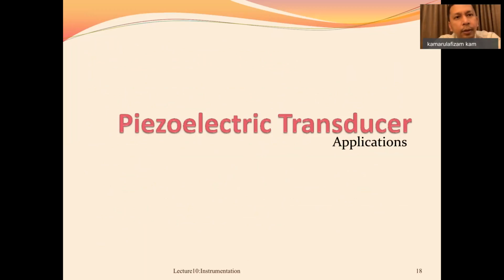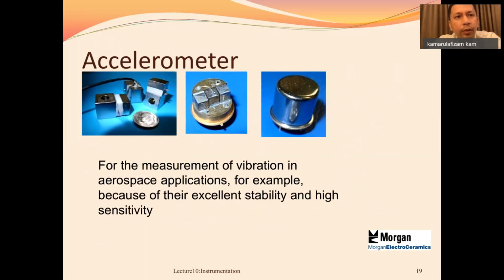This is just browsing through some applications. In this case, accelerometer. Accelerometer is basically a sensor that measures vibration and motion. They use piezo material to see what kind of frequency the device is experiencing in terms of vibration.